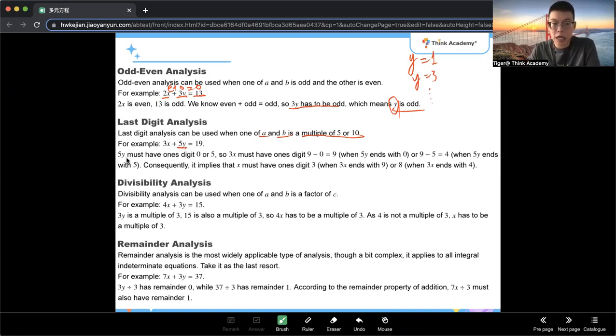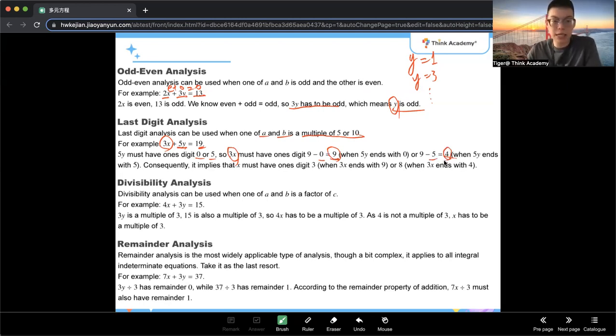Whatever multiples of 5 must end with 0 or 5, right? So 3x must end with 9 or 4, which comes from 19 take away the units digit of 19, which is 9, take away 0 or take away 5. So 3x must end with 9 or 4.